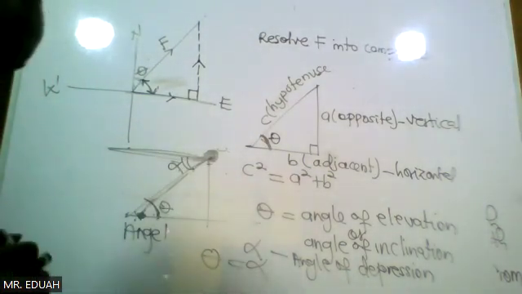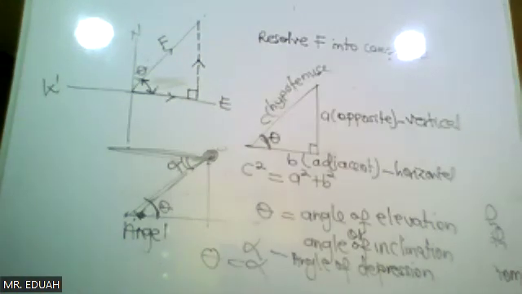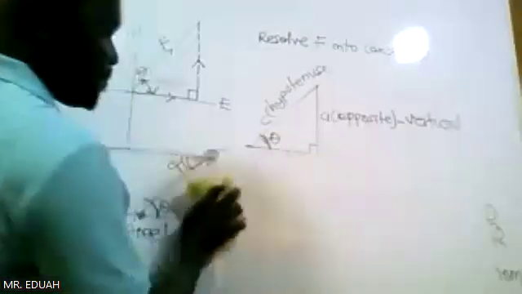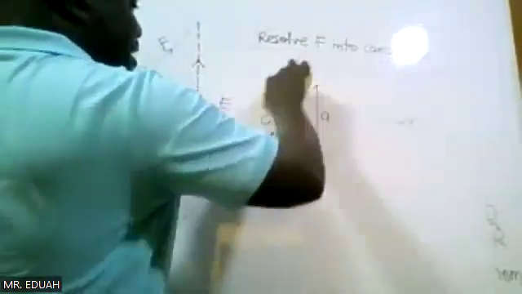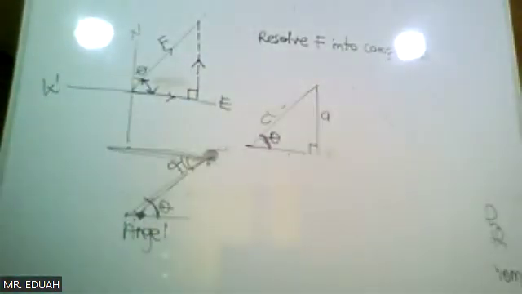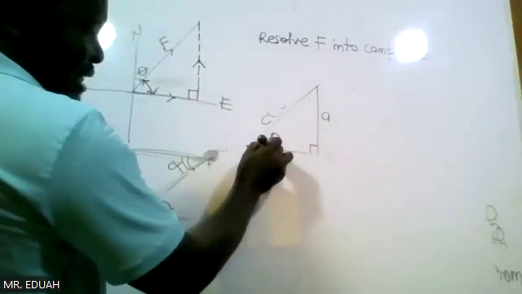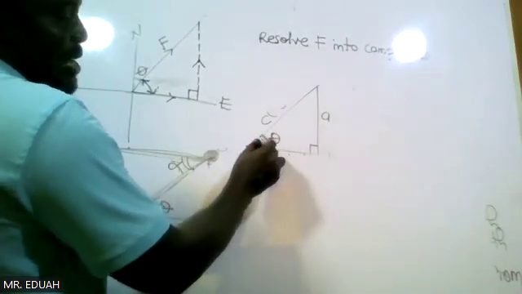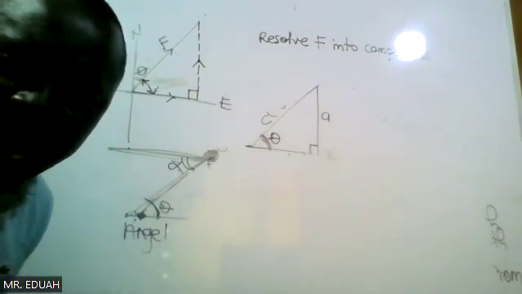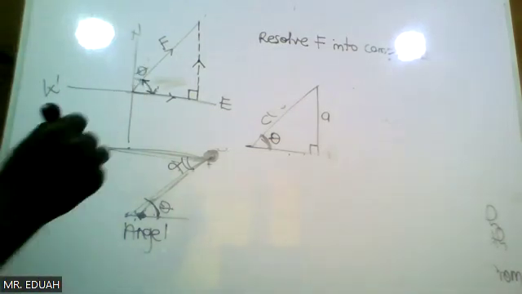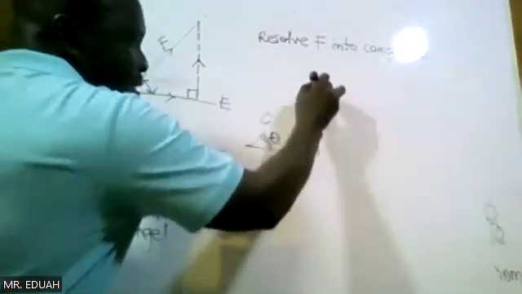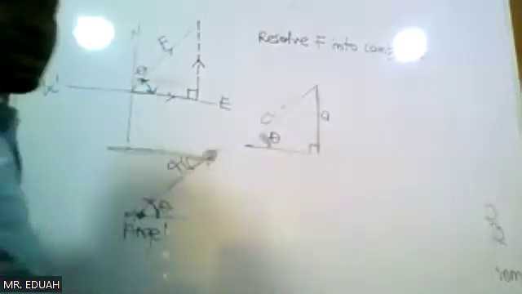Once you identify the angle, then this is theta. The side of the right angle triangle which is opposite to the angle becomes the opposite. So this is the angle, and this side is opposite to it. So A becomes the opposite.